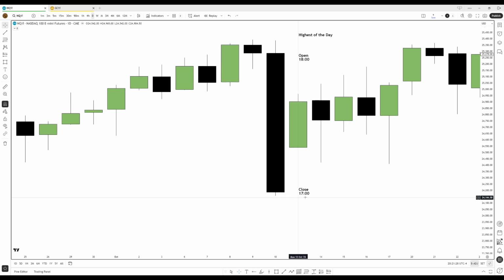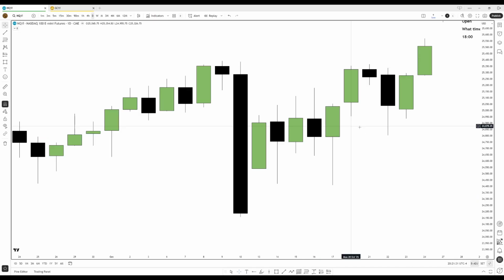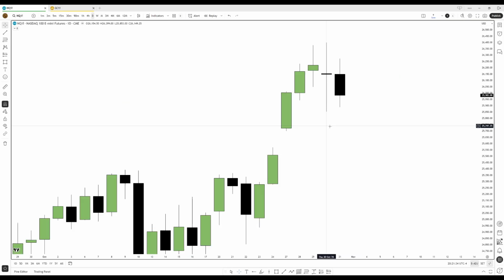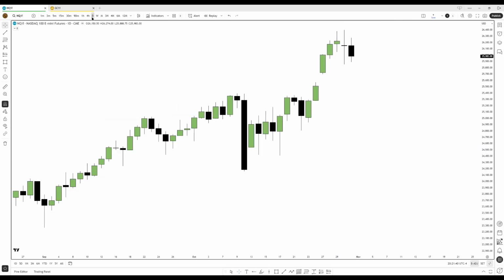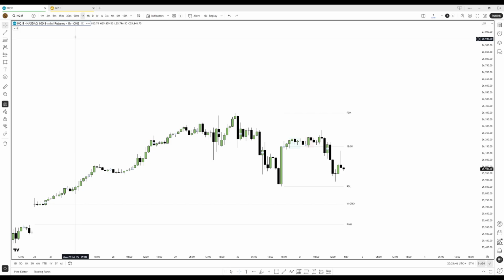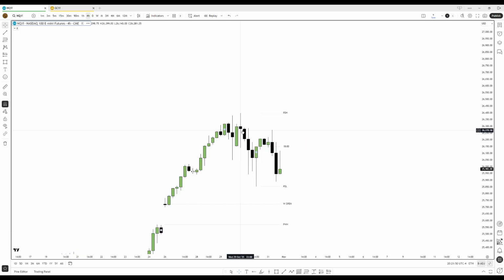We're going with the daily candle because it's easier to frame. But for every candlestick, it doesn't matter what timeframe I'm in, like 4 hour or 1 hour. If I go to the 4 hour, every candle is 4 hours.